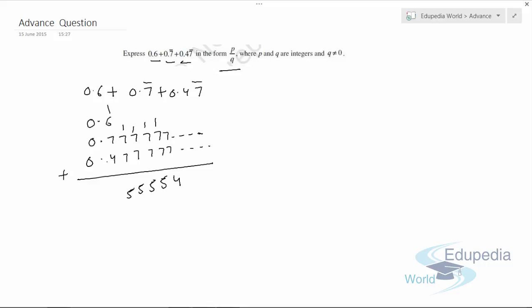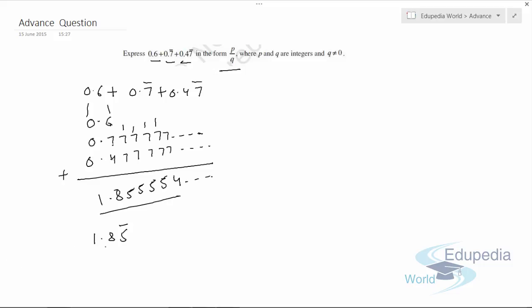Then 6 plus 4 is 10, 10 plus 7 is 17, plus 1 is 18, so 0.1. So the final number is 1.8555, and it will continue on. So the final number we got is 1.85 bar.